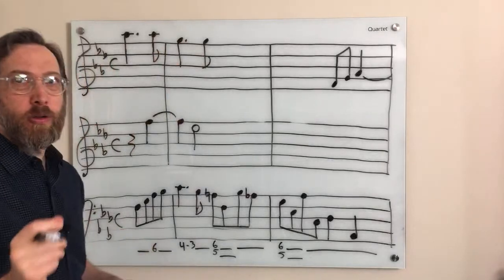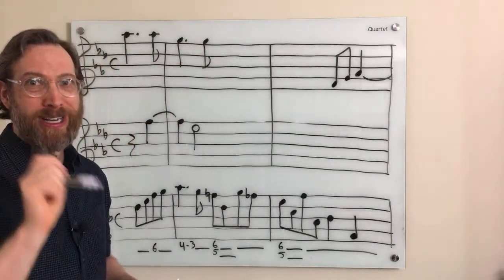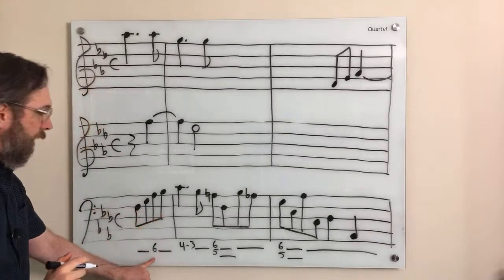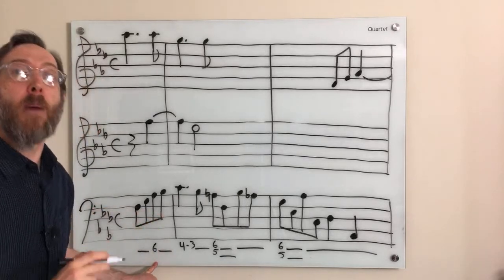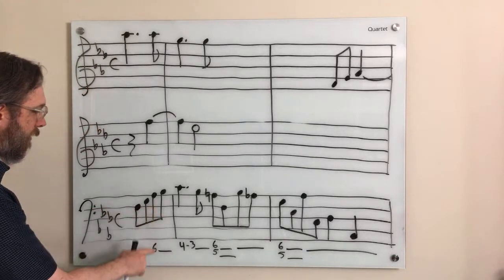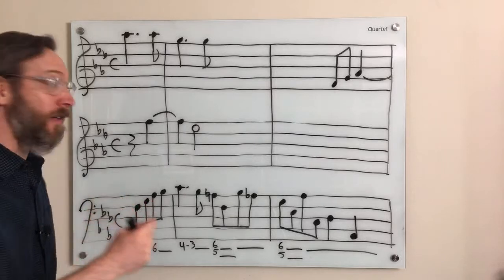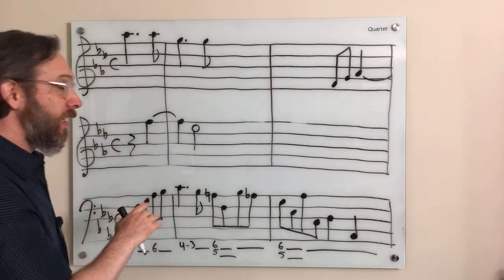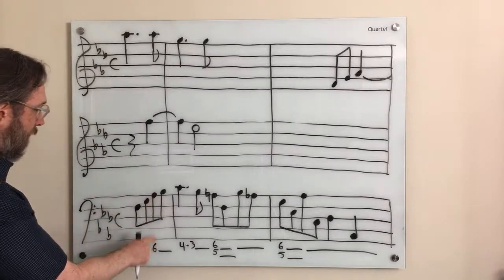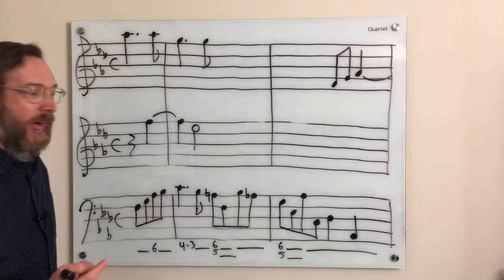And in order to do that, we should review very quickly what exactly figured bass means. What is it telling you? It's specifically telling you the interval above the bass note. So when you see this 6, it means there is an interval a 6 above, diatonically, not chromatically. If we look at our key signature, right here we have a 6, and it's an A flat.